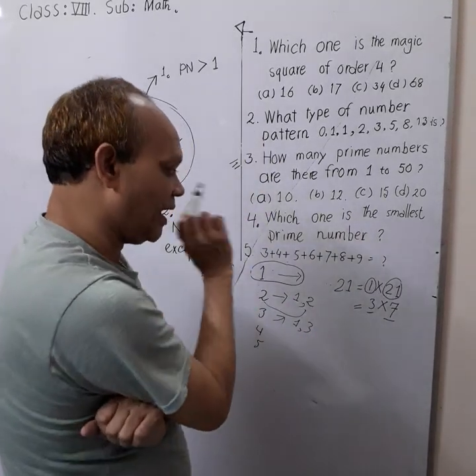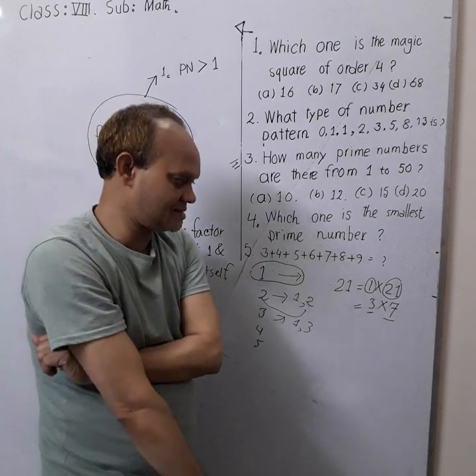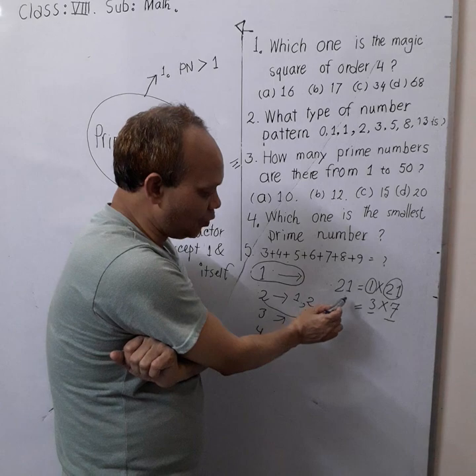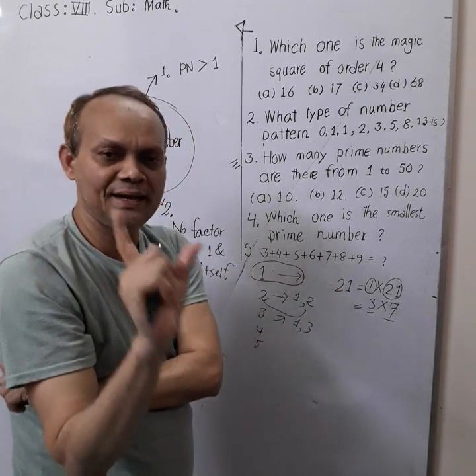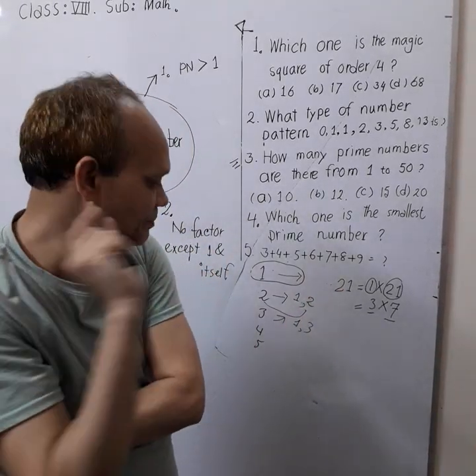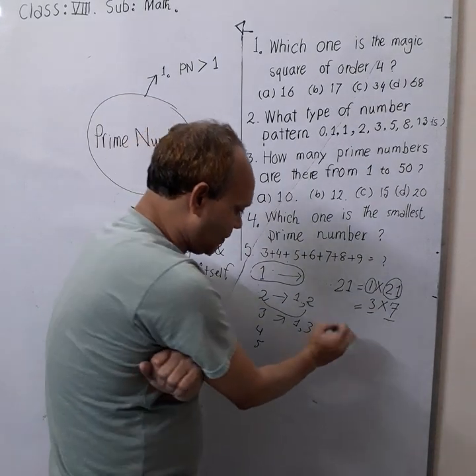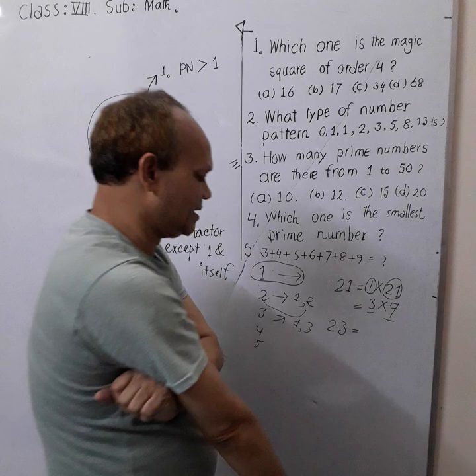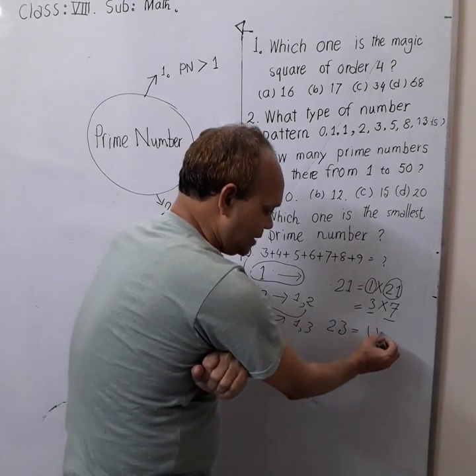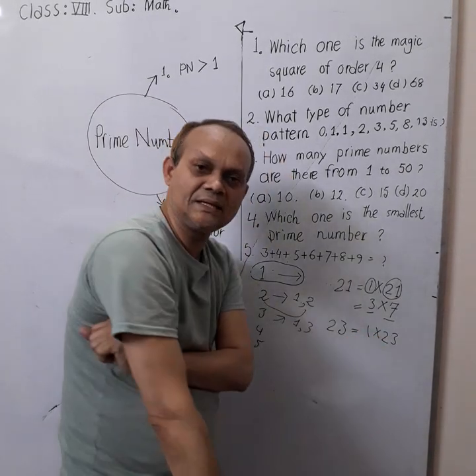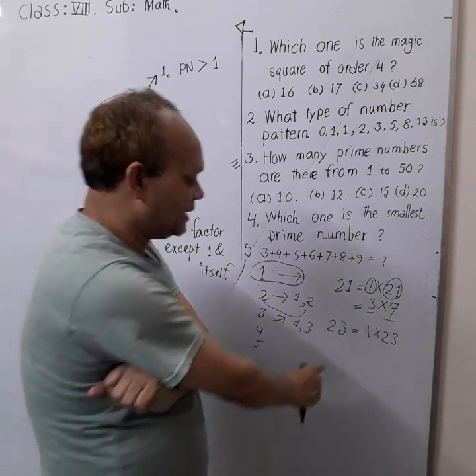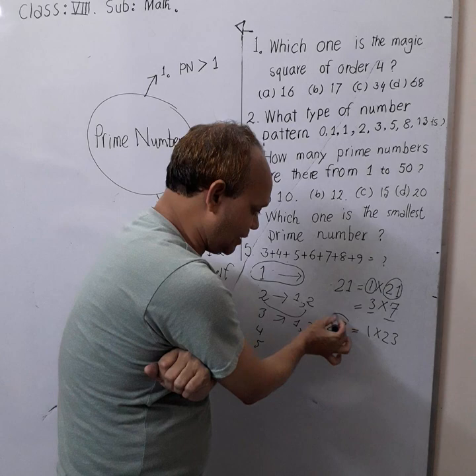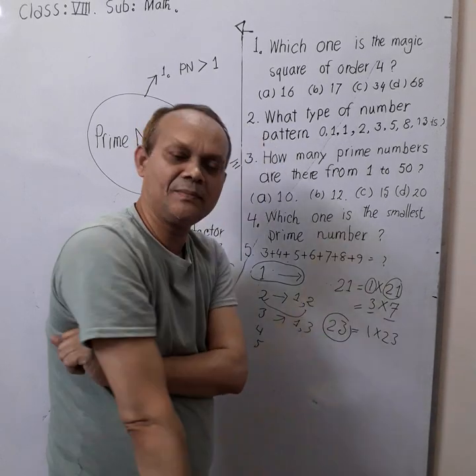As 21 has factors other than 1 and itself, 21 will not be a prime number. Now think about 23. You see 23, 1 into 23, and there is no other factor, so 23 will be a prime number.